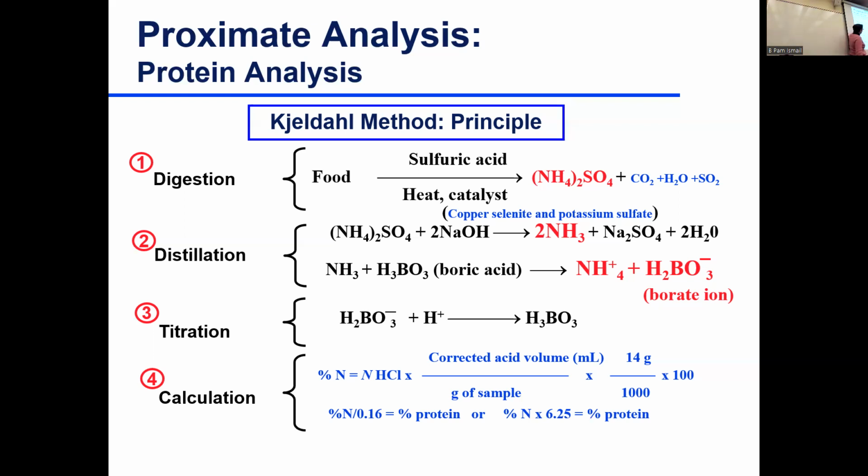Here we have neutralization happening along with distillation. What happens here is we neutralize with NaOH, and the NaOH is going to react with ammonium sulfate and give you ammonia in the form of gas.